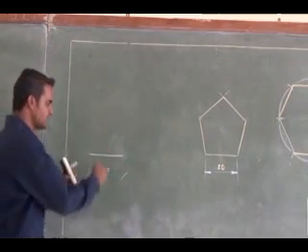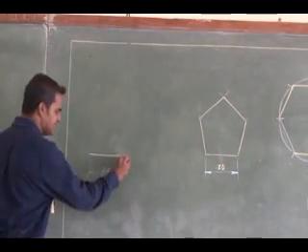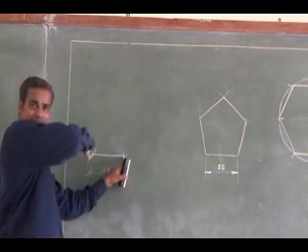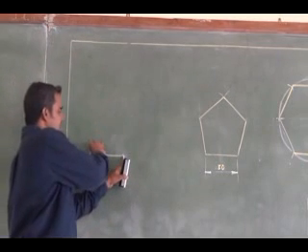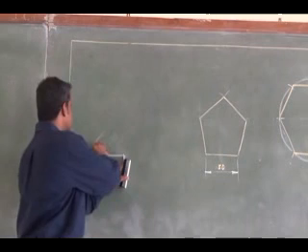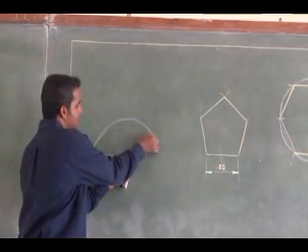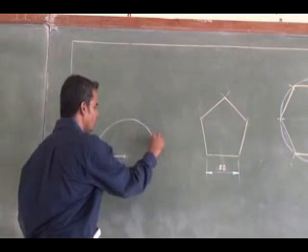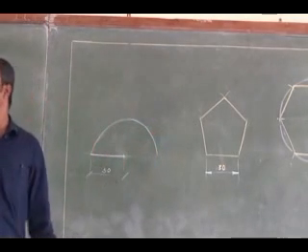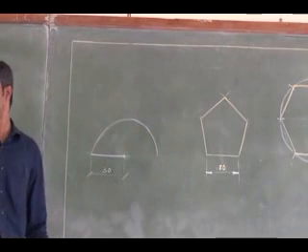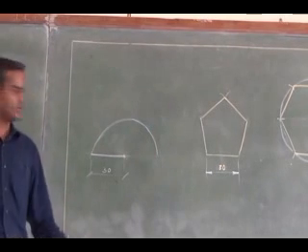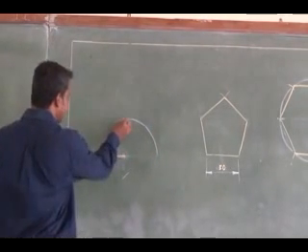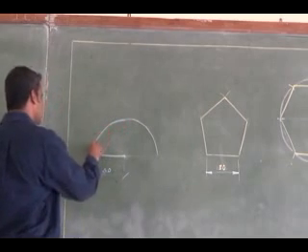Using this as a radius and this as center, I can draw a construction circle. I am not going to finish the full circle, it is a semicircle. I can finish a semicircle like this. How many sides are you going to have? 9 sides you want in your polygon.